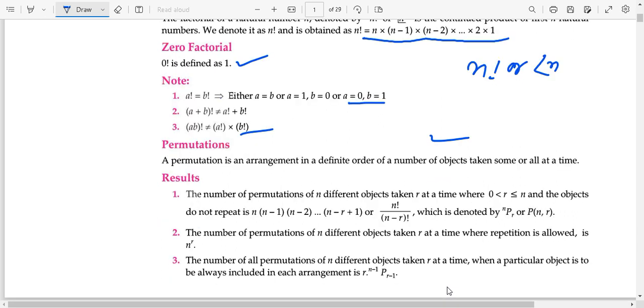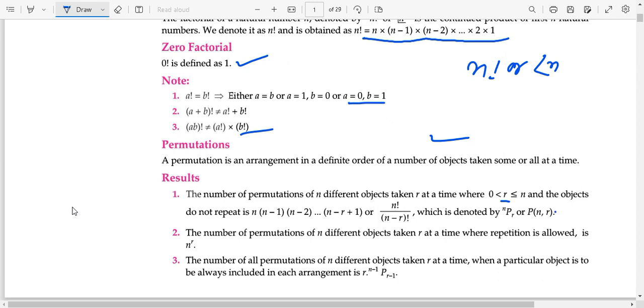Result: the number of permutations of n different objects taken r at a time, where 0 ≤ r ≤ n and the objects do not repeat, is n(n − 1)(n − 2)...(n − r + 1), or you can write n!/(n − r)!, which is denoted by nPr, or P(n, r).